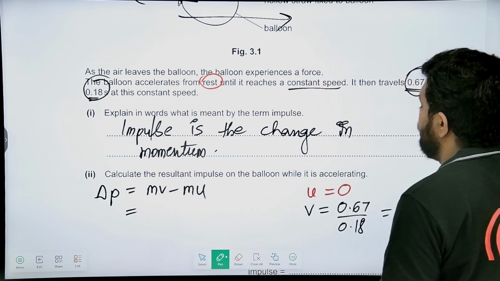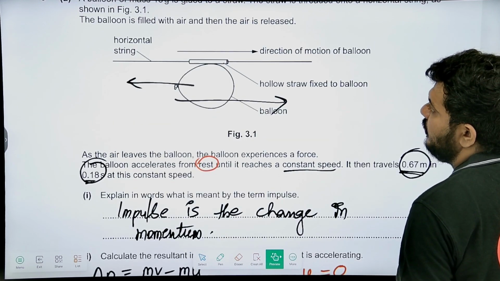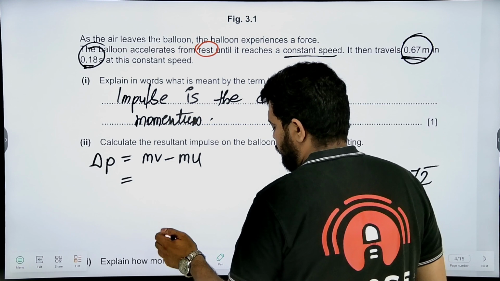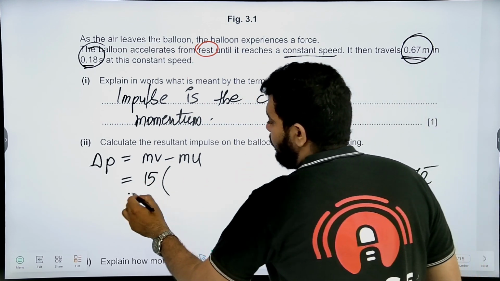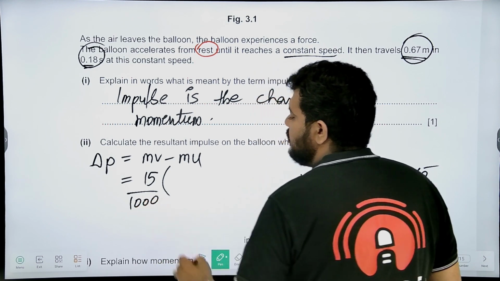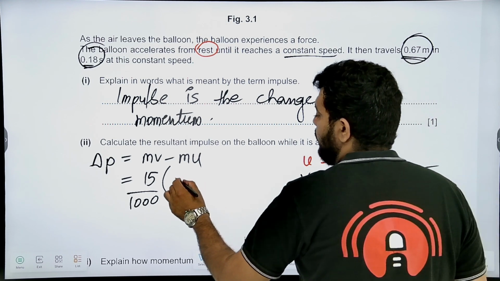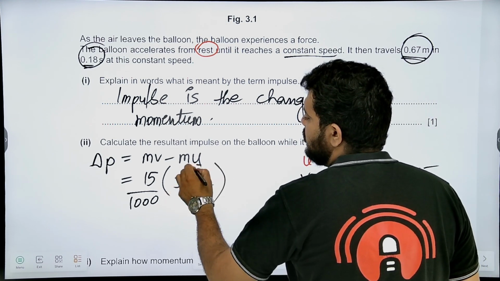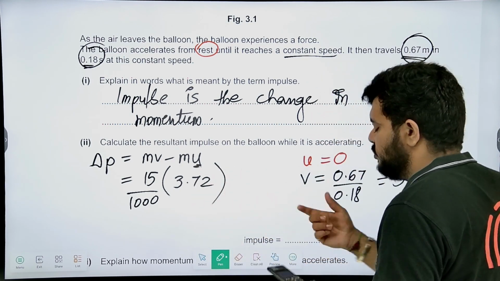What is the mass of this balloon? I suppose it was 15 grams. Yes, it is 15 grams. So what I will do, I will say 15 divided by 1000, because this will be measured in Newton, right? So divided by 1000 multiplied by 3.72. And because this initial velocity is 0, the value of m into 0 is 0.